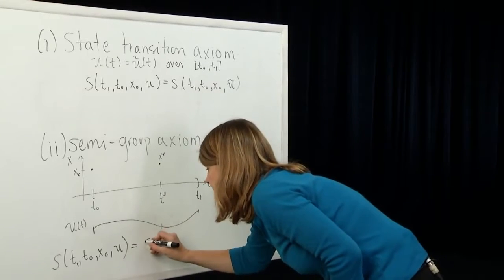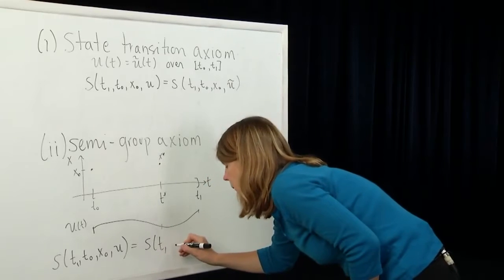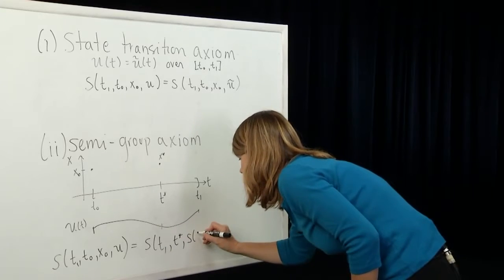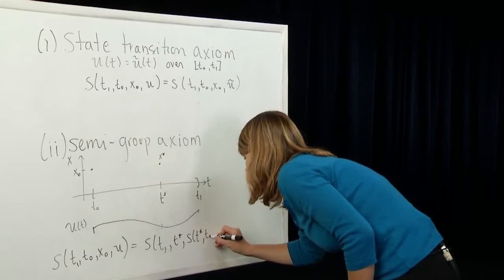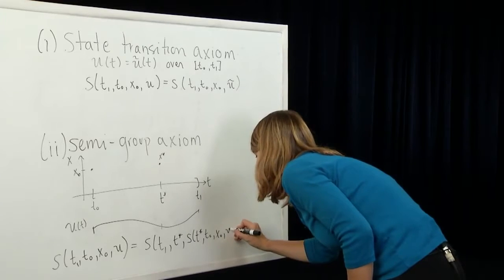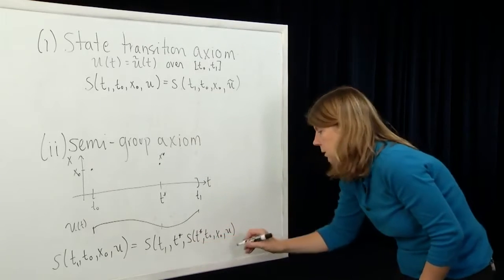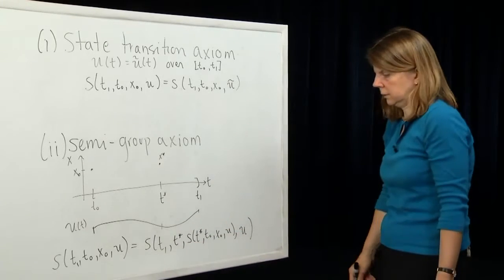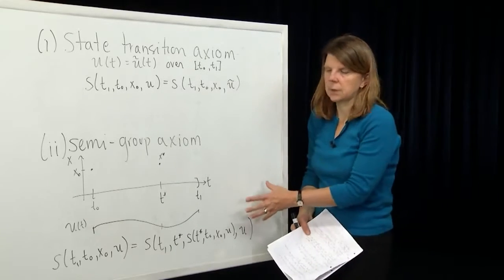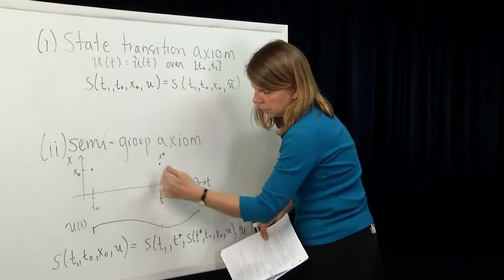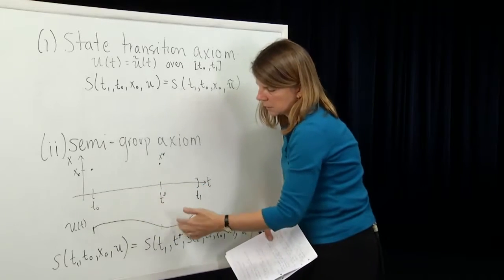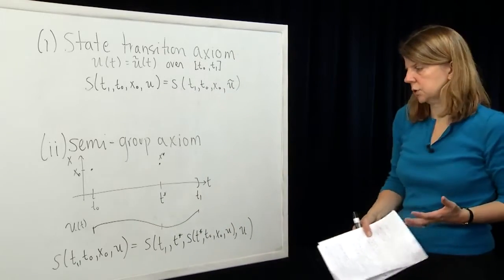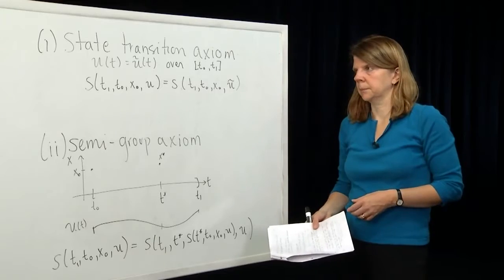That is equal to s at time t1, given that we started at time t star with an initial condition, which is actually s at time t star, given that we started at time t0 at state x0, using input u between t0 and t star, and then using input u between t star and t1. So that's called the semigroup axiom: if you break up time into those intervals and evolve, as long as you're always using pieces of the input that are derived from the same input function, then the result is going to be the same.